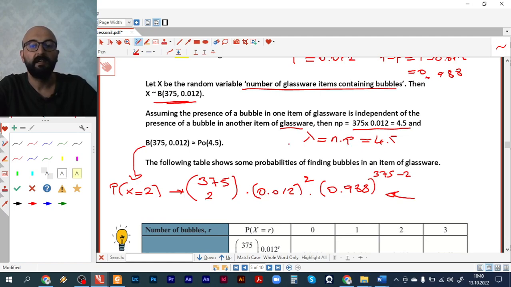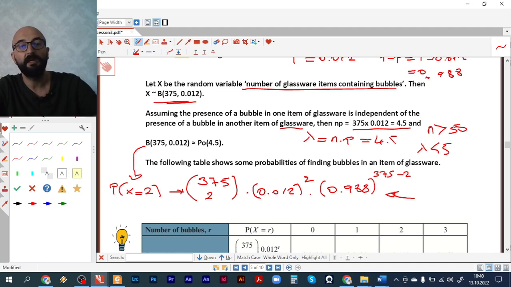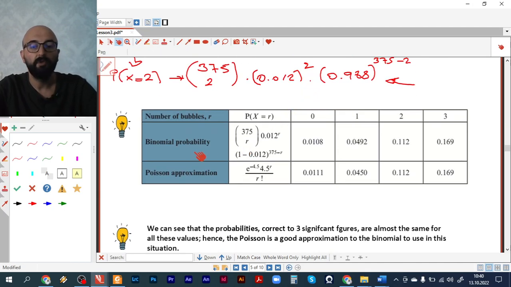Because when the number of trials is greater than 50 and lambda is less than 5, the binomial distribution can be approximated by the Poisson distribution. So if you look at this table, and you want to use the binomial distribution, you should use this formula.